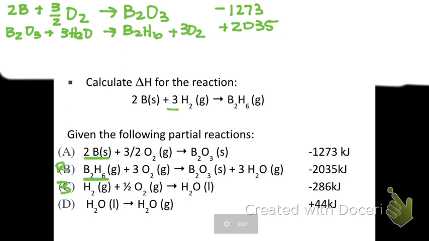Third one I want to go ahead and multiply by 3. 3H2 plus 3 halves O2 yields 3H2O. And so then negative 286 times 3.